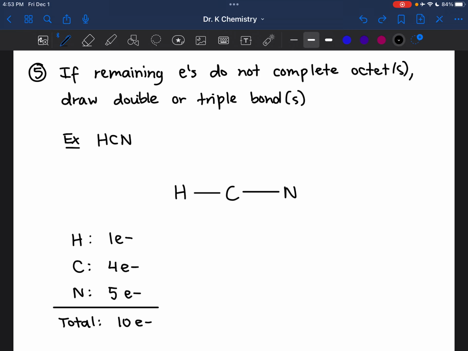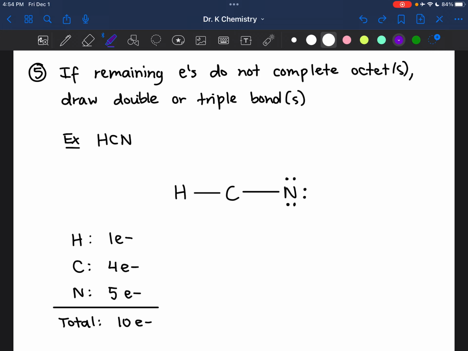So we used 4, we have 6 more that we can distribute. So I could start by trying to fulfill the octets of the remaining atoms. Hydrogen is happy right now. So I'm going to give the remainder to nitrogen, which used up all of my electrons. So I have 4 electrons in these bonds and then 6 electrons in the lone pairs.